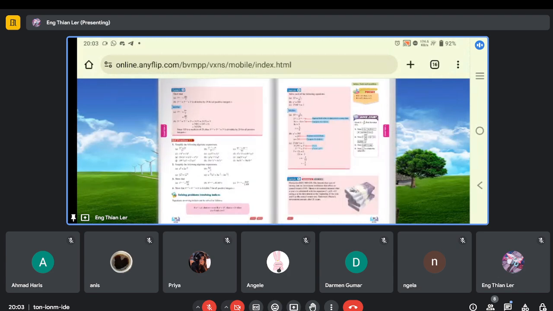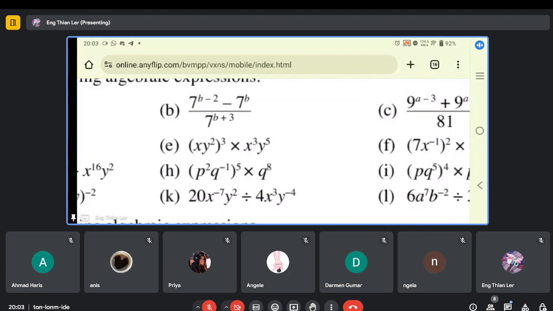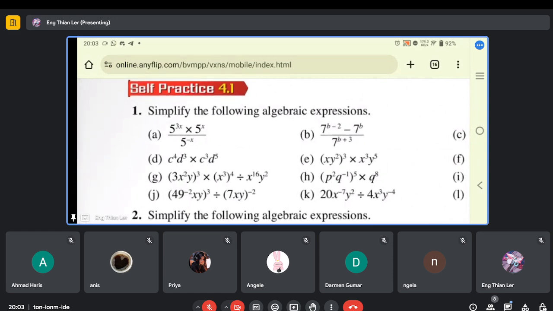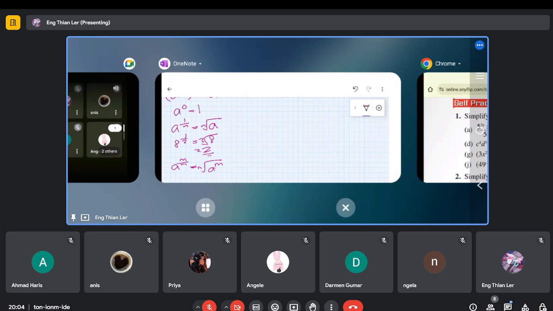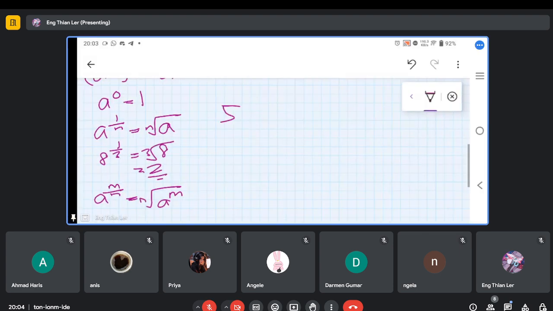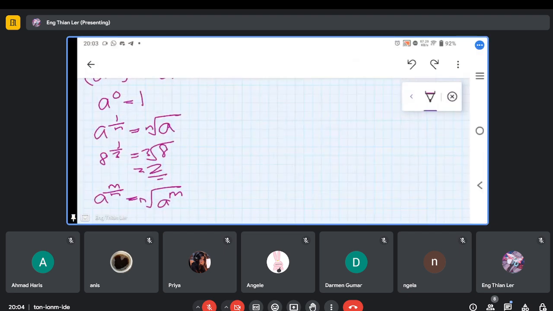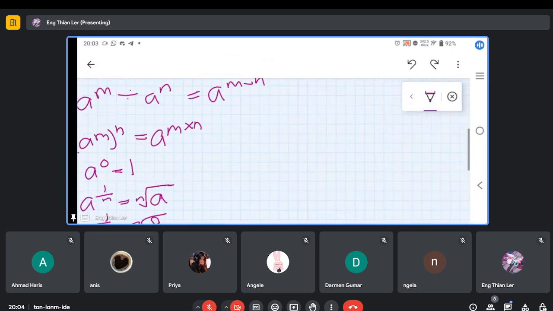Like simplify this: 5 to the power of 3x multiplied by 5 to the power of x divided by 5 to the power of negative x. So let's copy the question. Wait, this is a, right? So this is a self practice.